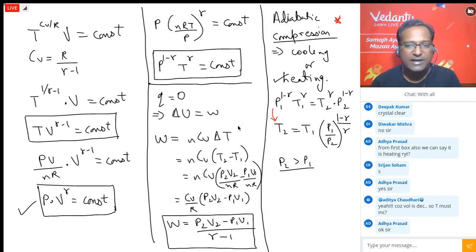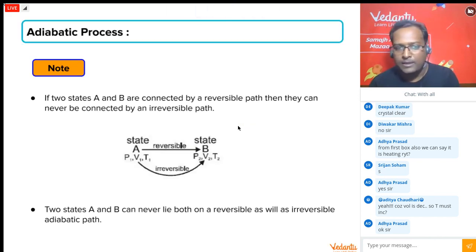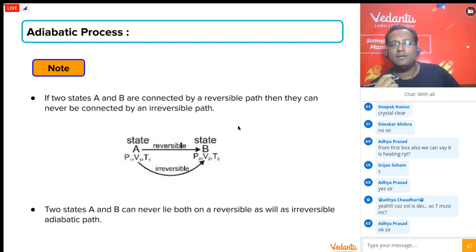Next point in adiabatic process. In adiabatic processes, one point was important, that adiabatic compression means adiabatic heating and adiabatic expansion means adiabatic cooling. When a gas leaks from a tube, from a tire, it is an adiabatic process, don't you think? Because the gas is expanding against 1 atm pressure.